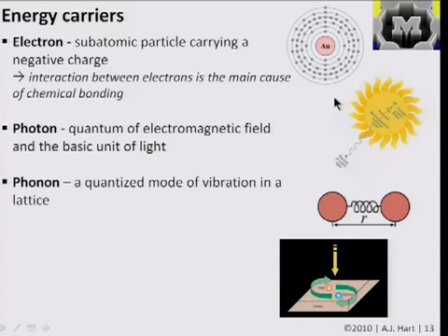And then we're going to talk about phonons, which sounds like photon, except a phonon is considered to be a mode of vibration of a lattice. And you can think of every material as having mechanical vibrations, except when we talk about phonons, we're particularly going to be talking about vibrations of materials at the atomic level.